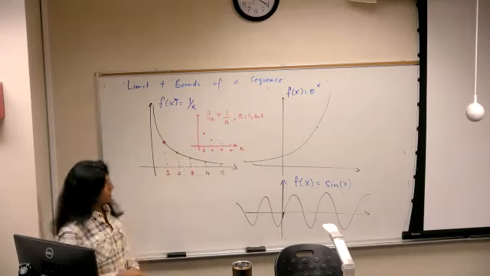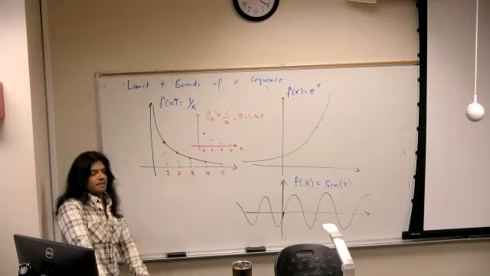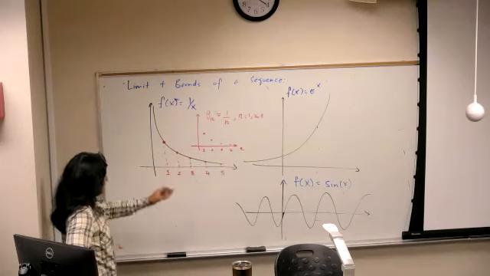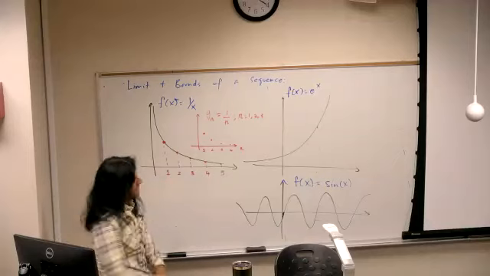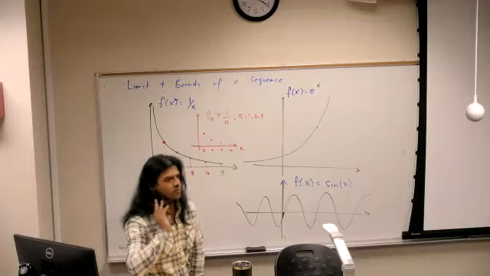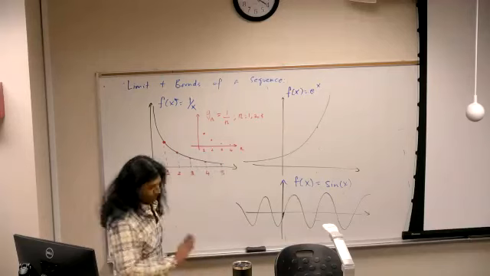So the general term of that sequence is 1 over n. N equals 1 gives me 1, n equals 2 gives 1/2, n equals 3, 1/3, n equals 4, 1/4, and so on. Good.